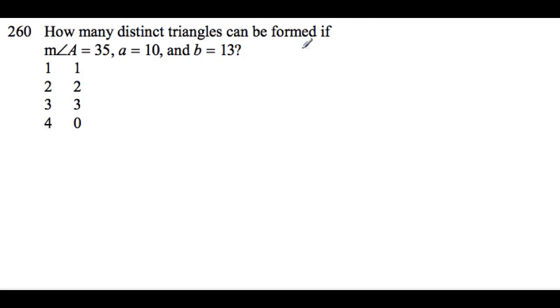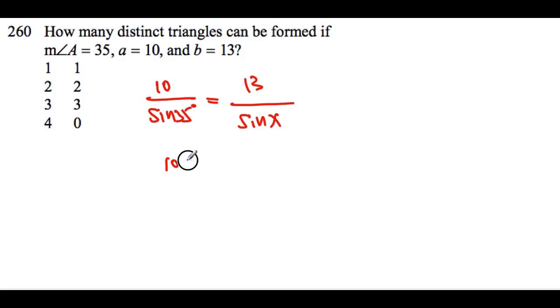260. How many distinct triangles can be formed from here? All we have to do is law of sines. So we get 10 over sine of 35, which will be equal to 13 over sine of x. We can cross multiply, then we get 10 sine of x must be equal to 13 sine of 35. So we can divide by 10.